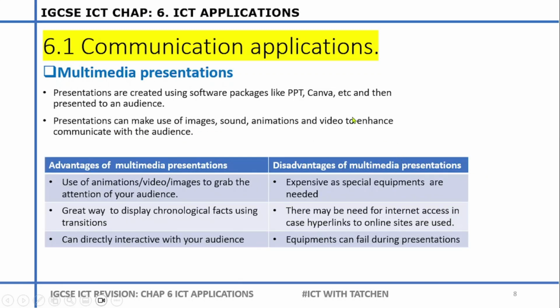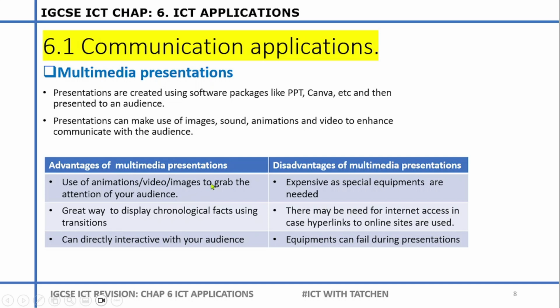Now, the next thing: multimedia presentations, like what I'm doing right now. I'm doing a presentation, communicating with you using images, text, tables and whatnot. So that's basically a multimedia presentation. The advantages: you have use of animation, video and images to grab the attention of the audience.